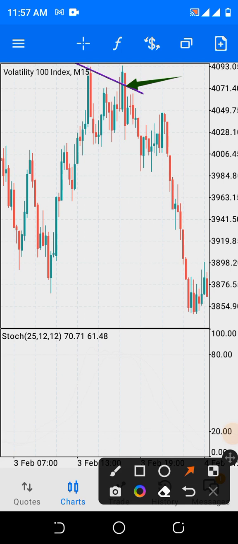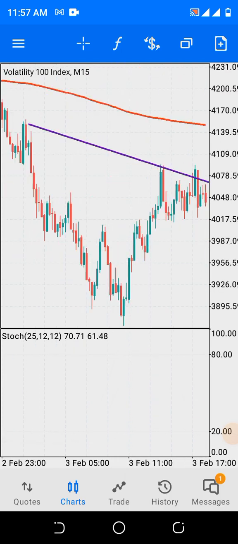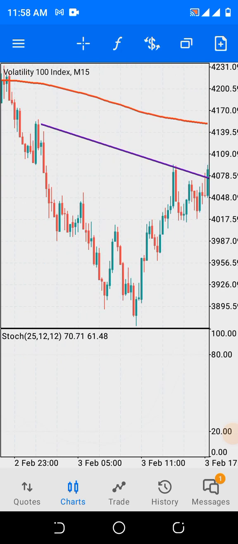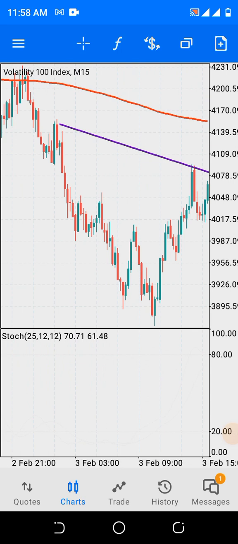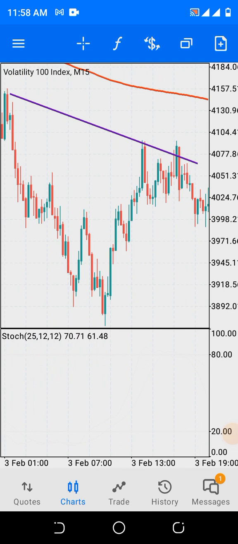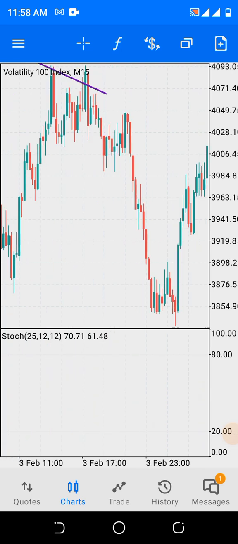Now if you look at this structure, all we are doing is focusing on sell, because the market is trending downward, below the moving average. So we are using the trend line to get our sell entries. As far as the market is below the moving average, all we'll be doing is sell entries.